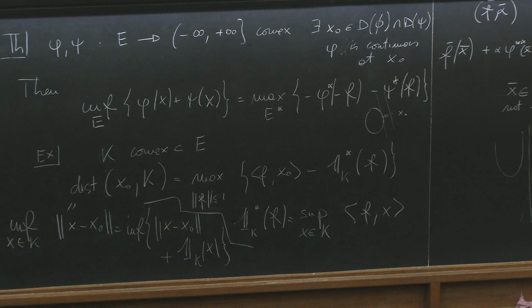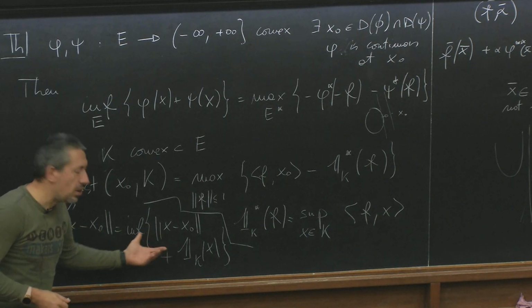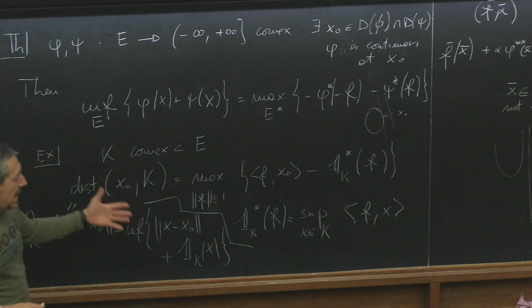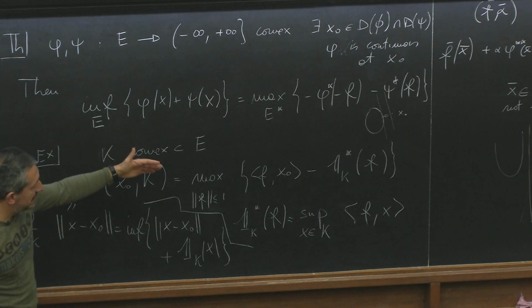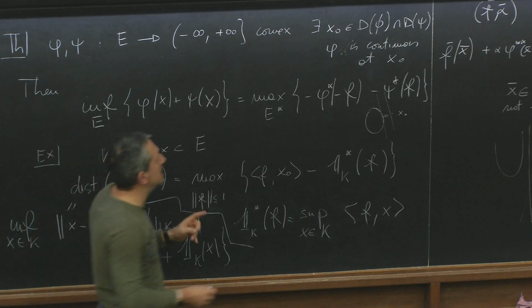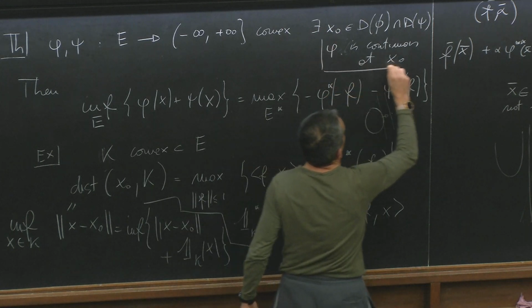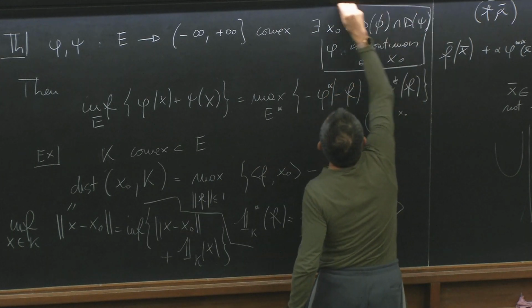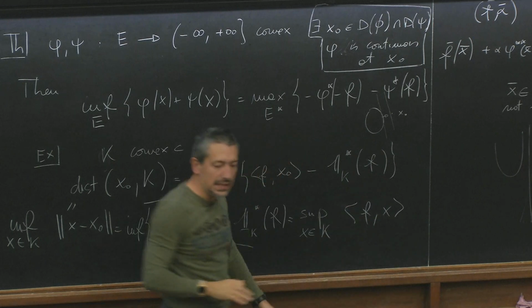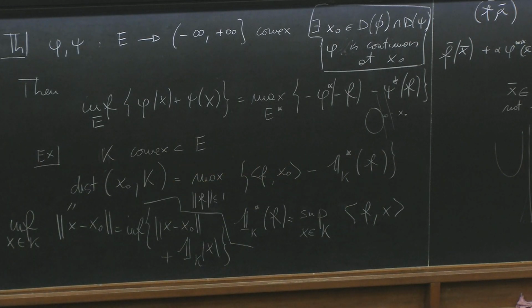It is important not to know the proof, but to use it. There are many examples where you rewrite objects as a sum of two convex functions, and then you can apply the statement. But very important is this condition here. One should not forget about these conditions, otherwise you get, of course, contradictions.